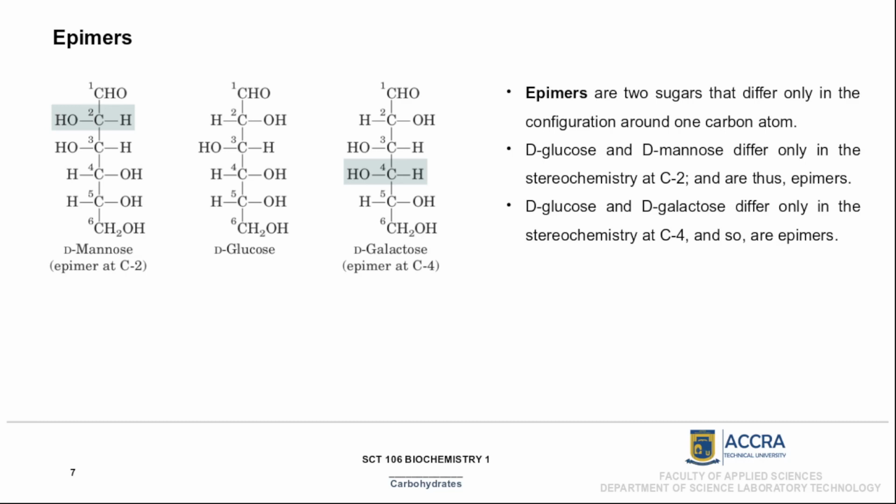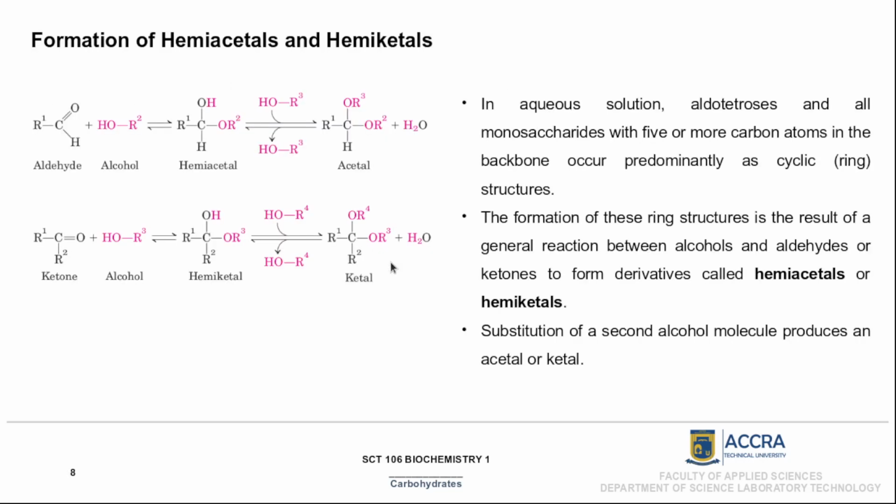You cannot be comparing 3 at the same time. You can say mannose and glucose are epimers. You can say glucose and galactose are epimers when they have a difference of configuration around only one of the carbons in them.